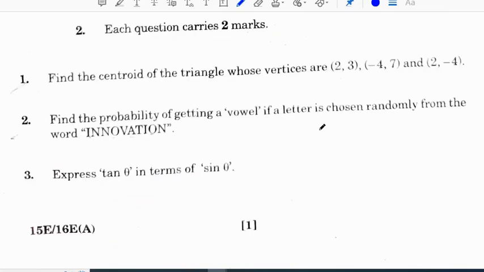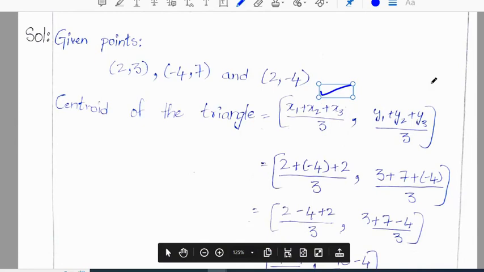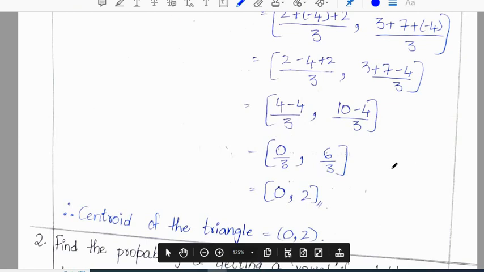Section 1, first question. Find the centroid of the triangle whose vertices are 2, 3, minus 4, 7 and 2, comma, minus 4. The centroid formula we know is x1 plus x2 plus x3 by 3, y1 plus y2 plus y3 by 3. We have to represent these 3 points as x1 y1, x2 y2, x3 y3 and replace in the formula. We'll get the answer as 0 comma 2.